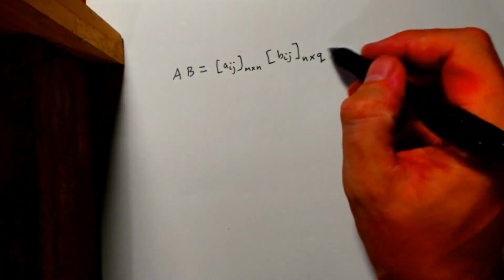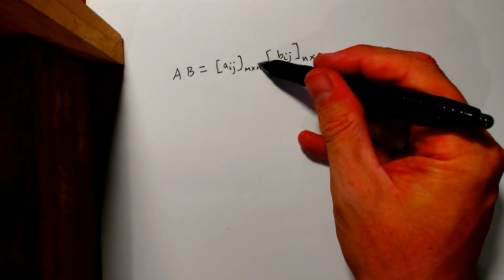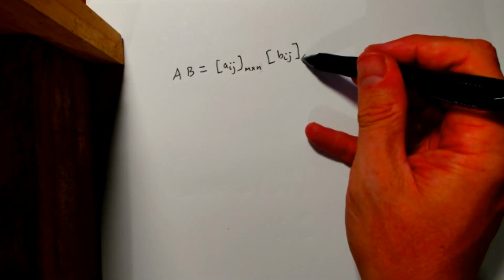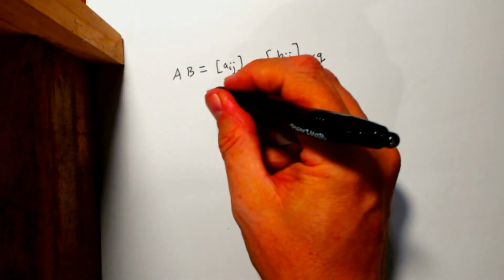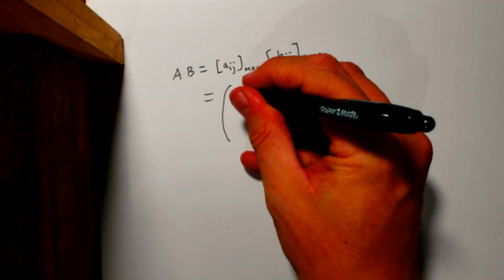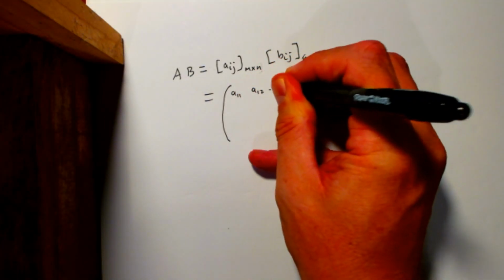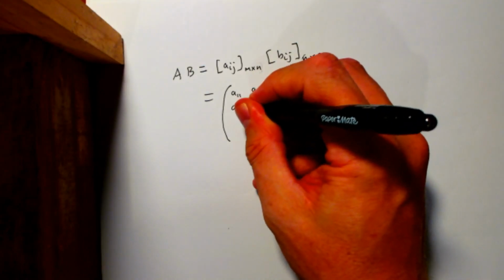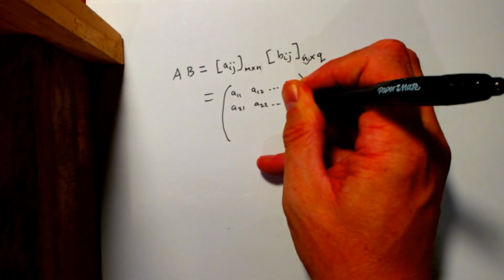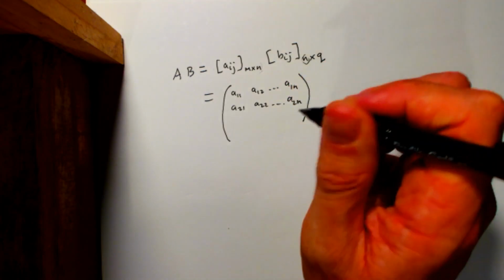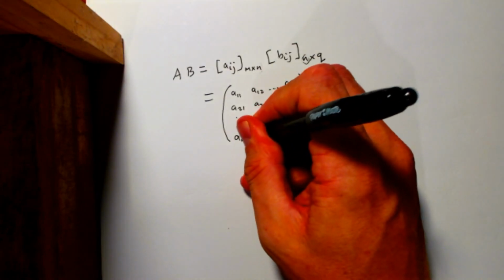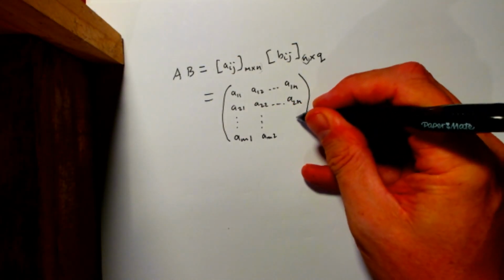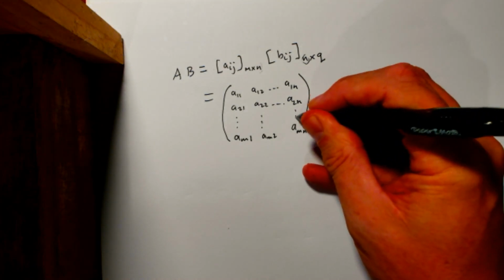Now the product of these two is only defined when the number of columns of the matrix on the left matches the number of rows of the matrix on the right. So fully set out, this would be A11, A12, and so on, A1n. And then we have A21, A22, and so on, up to A2n. Then we'll put vertical dots, Am1, Am2, the last entry is Amn.